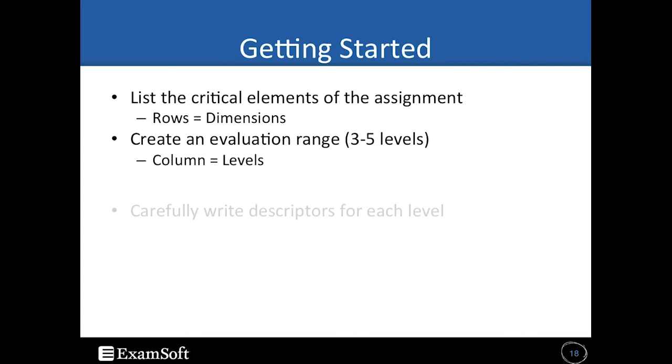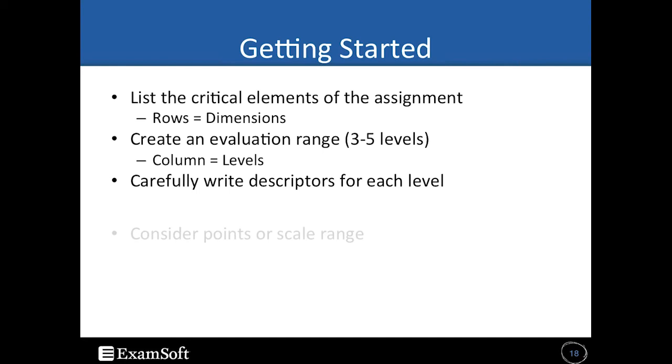Or maybe your highest level is great work, and then your lowest level was that it was a poor performance. Whatever those levels are, I would recommend that you keep that to 3 to 5 levels. Research is going to show that if you have more than that, it gets hard to really separate where performance falls, but somewhere between 3 and 5 levels would be a good place to make for this evaluation range.